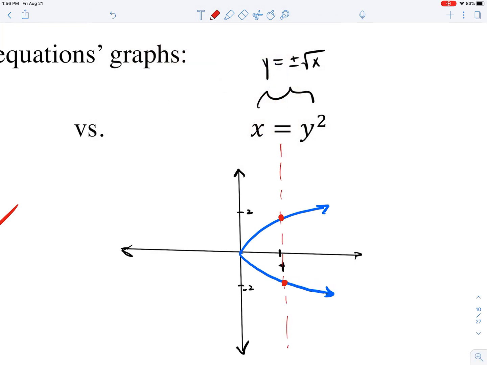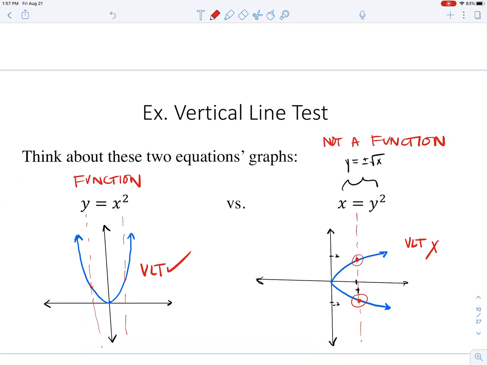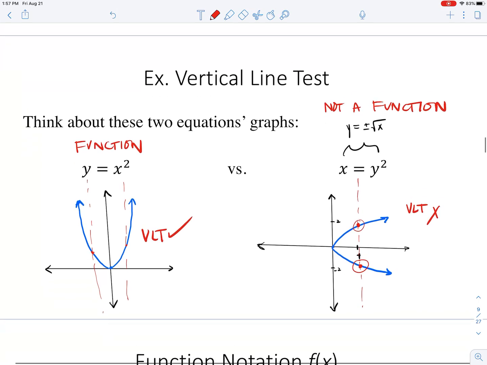So if I were to draw a vertical line there, notice that the graph ends up intersecting that vertical line at 2 points, which means it fails the vertical line test, and x ends up corresponding to 2 different y's. So the vertical line test fails. Therefore, again, we've shown that this is not a function. It is a relation, but not a function. There's a relationship between x and y, but it fails the definition of a function.